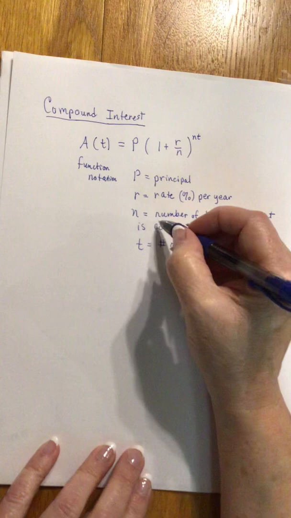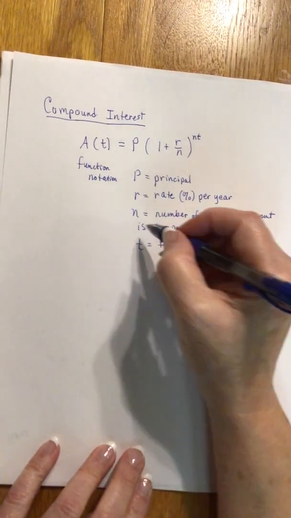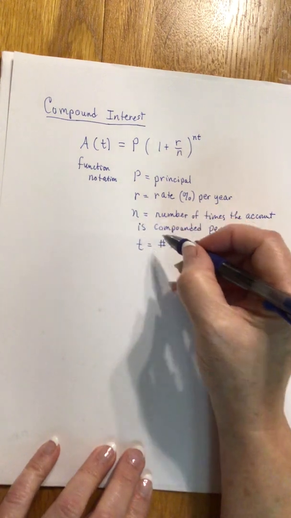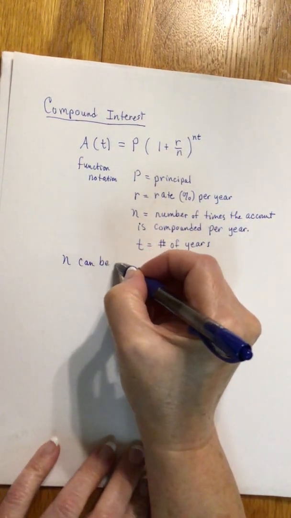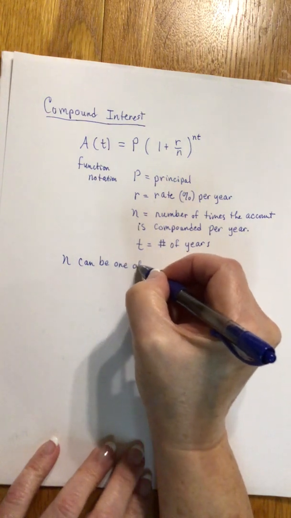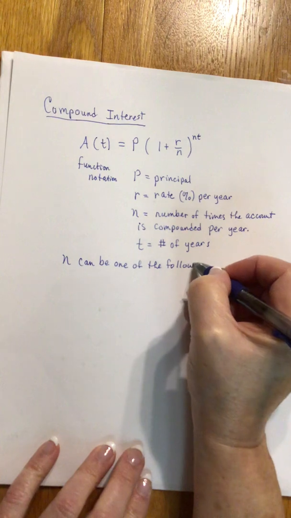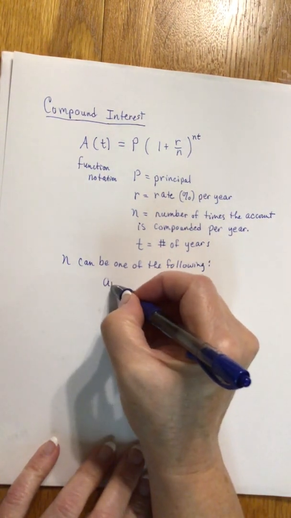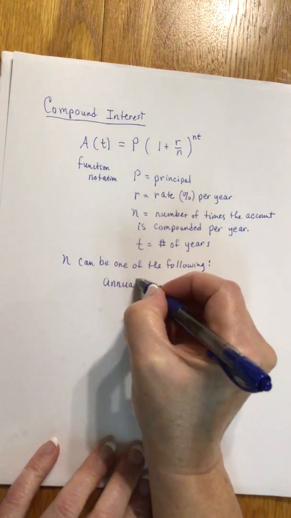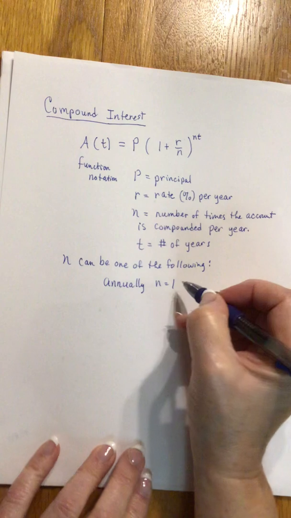Now, when we talk about n as the number of times the account is compounded per year, we have to understand what kind of words we're using. So n can be one of the following. Annually, so that would mean n was one time per year.